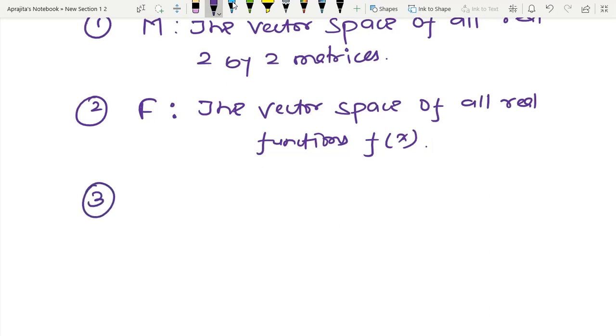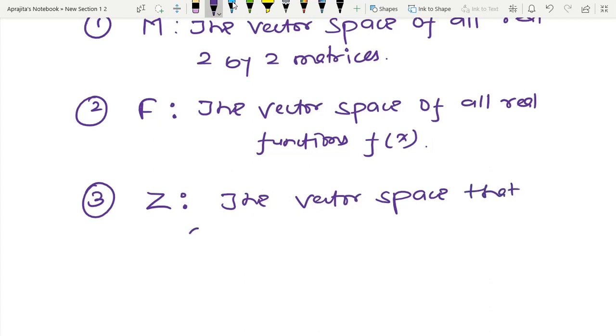And the third example is very interesting. That is denoted by Z. The vector space that consists only a zero vector.